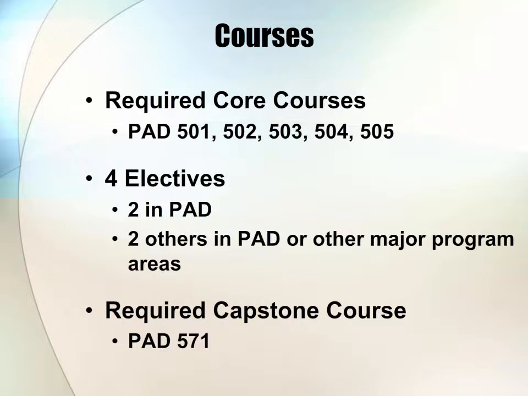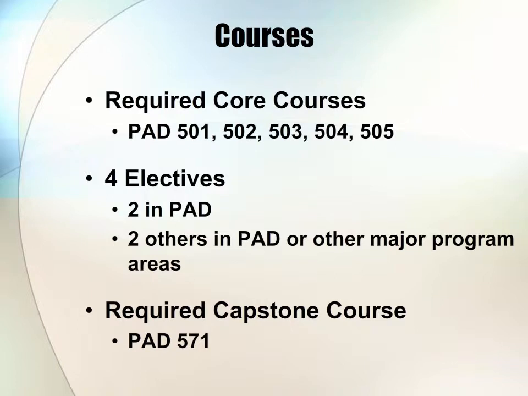While it's nice to take them in order, our schedule sometimes, and your schedule sometimes, doesn't permit that. Hopefully you will take the 501 class as quickly as possible and then try to get the order, but that's not a big deal. It depends again on your schedules.